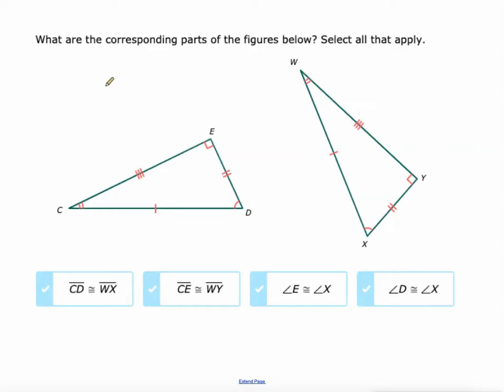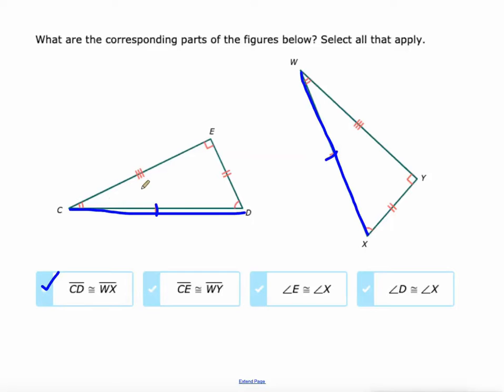Then we get to this one, and these two triangles don't have any measures given to us, but they are all implied. For instance, this one mark and this one mark tells us that those two segments are congruent to each other, similar to the angle measures. Let's go through these. CD, which has the one mark on it, is that congruent to WX, which also has the one mark on it? Yes, it is.